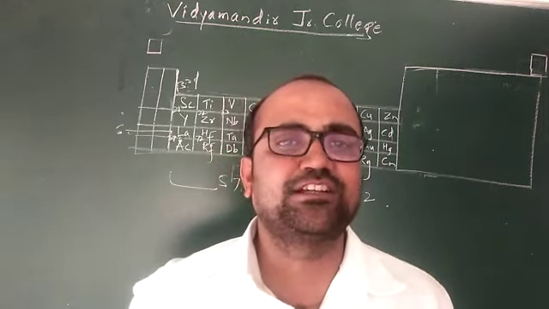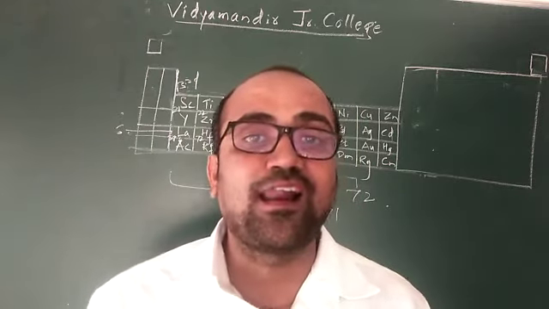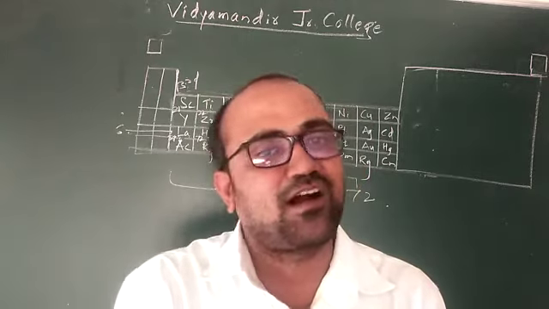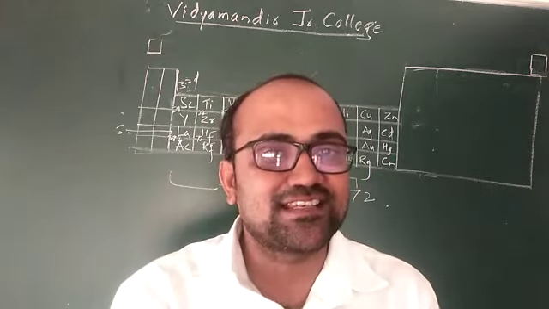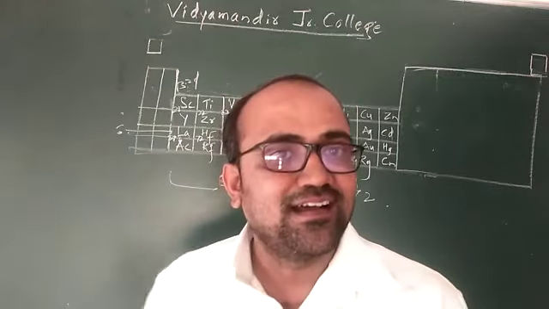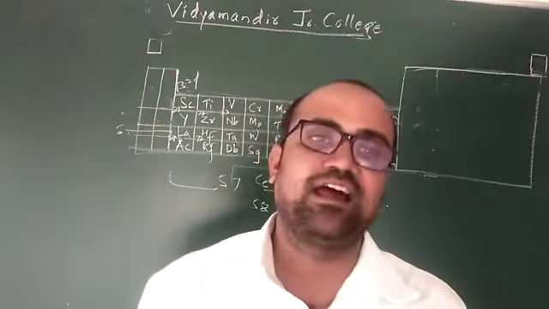Again, an interesting thing to know is that all are metals. Transition D block, all are metals. Inner transition F block, all are metals. And also S block, excluding hydrogen, all are metals.